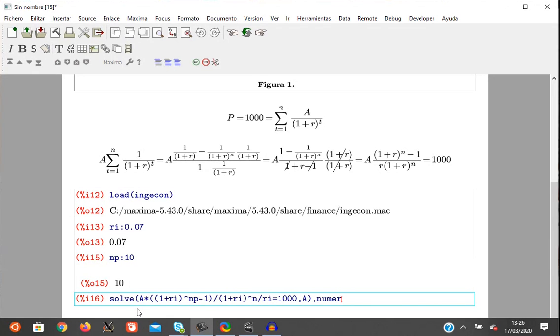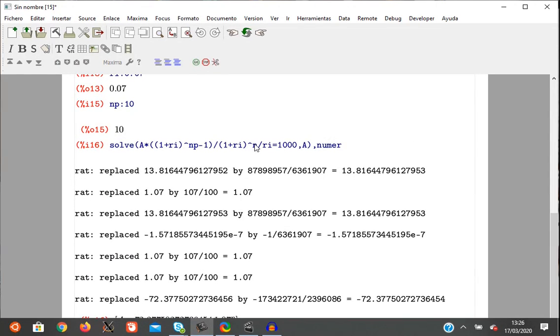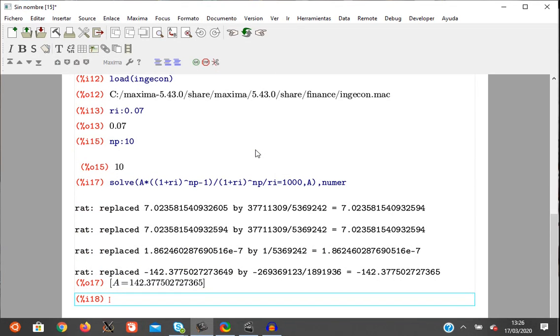Now we're going to demonstrate how the formulas serve the same purpose as what we have done. We have an expression for the present value of an annuity: the present value is 1000, the rate of interest is Ri, and the number of periods is 10 in this case.